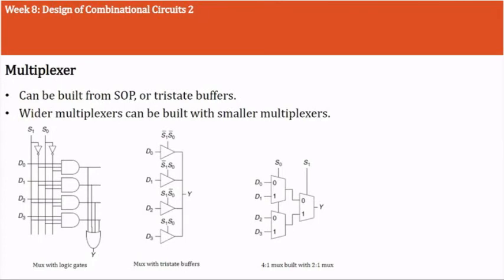So meron tayo dyang S1 bar, S0 bar, or S1 bar, S0, then meron siyang katumbas na input D0, then magiging output natin is Y. And lastly, we can use the original form of the multiplexer symbol wherein meron tayong 4:1 multiplexer that is built with 2:1 multiplexers.